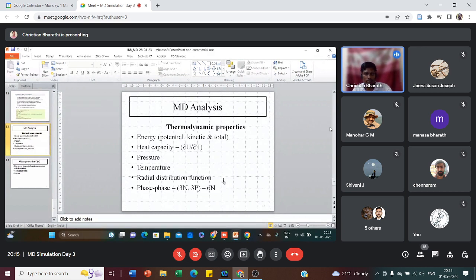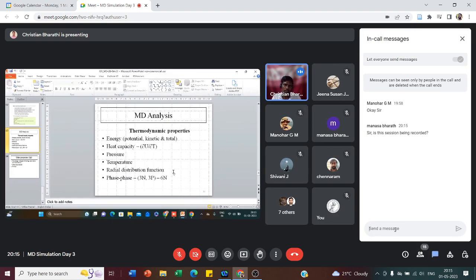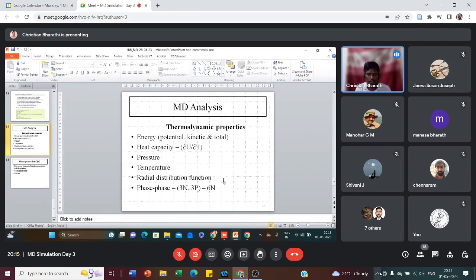And RMSF is root mean square fluctuation. We try to calculate the protein's fluctuation from the first frame to the last frame, and we calculate the average of each and every residue's flexibility. It's based on the domain or fold of the protein.